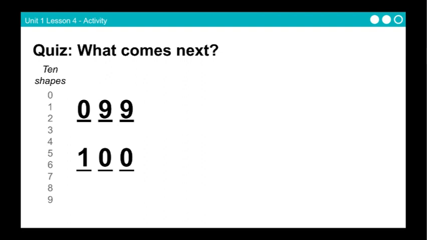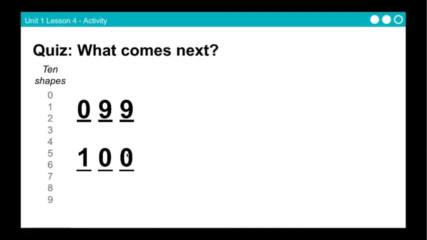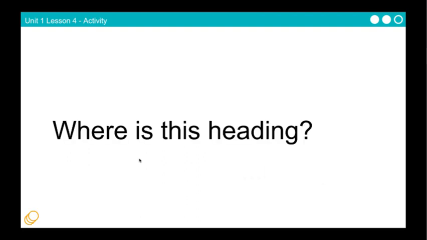When we run up to the last shape, 9, we roll over, and these 2 numbers go back to 0. This is the place value that we have used all of our lives. So where is this heading? You already know, binary. Okay.